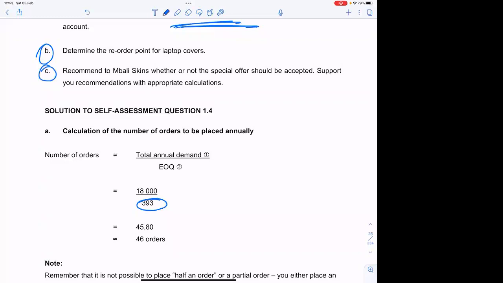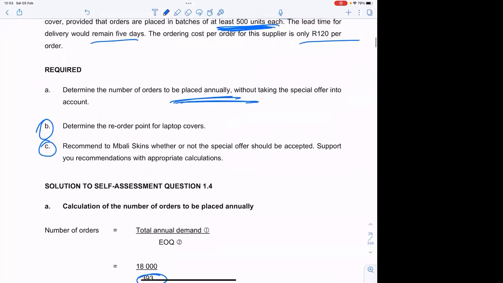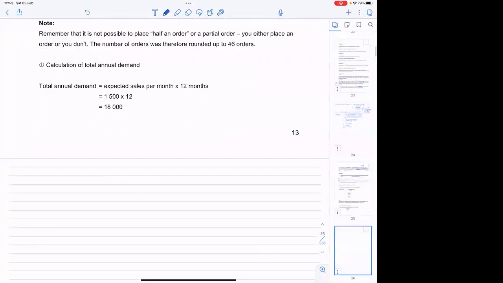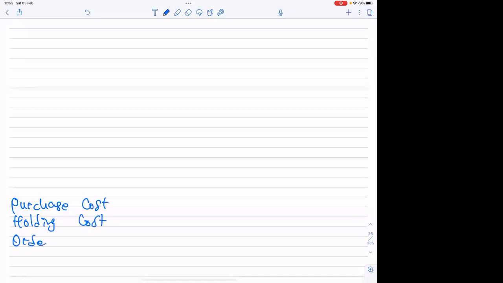So what we do now is apply what we know on the inventory cost. Our inventory cost, good people, is the purchasing cost, the holding cost, and the ordering cost. When we add all these, we need to make sure that our cost is minimum.